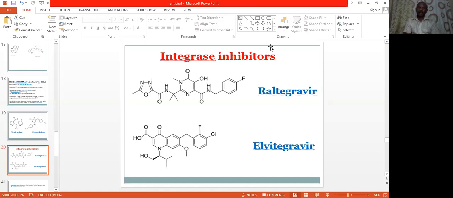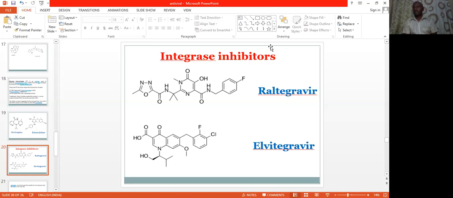So now the topic is integrase inhibitors. We have seen the virus life cycle. In the virus life cycle, first it binds to the host cell, where we have seen entry inhibitors, and once it diffuses into the cell, it has to release the genetic material into the host cell.